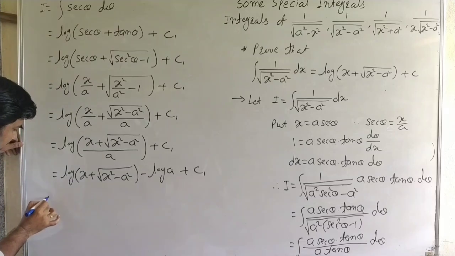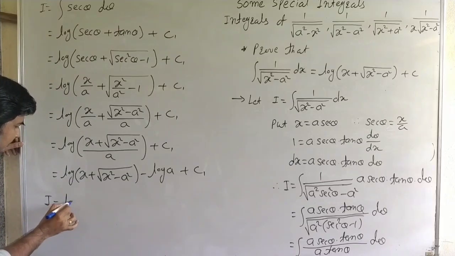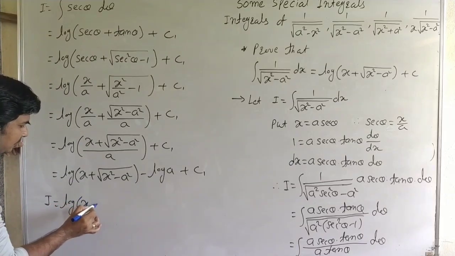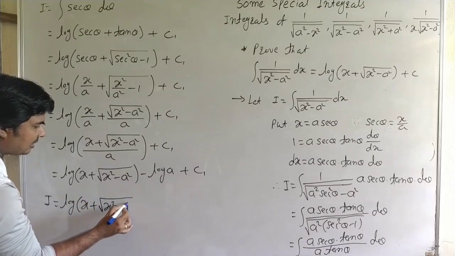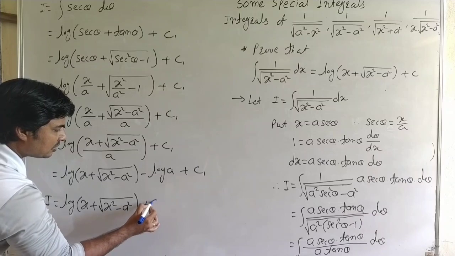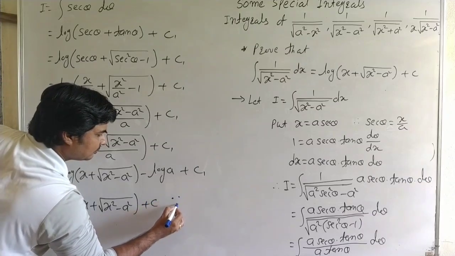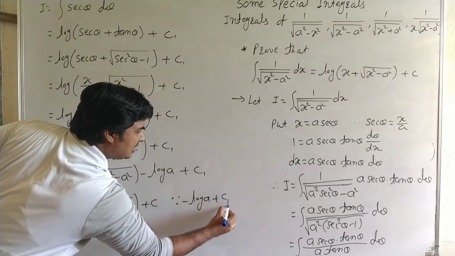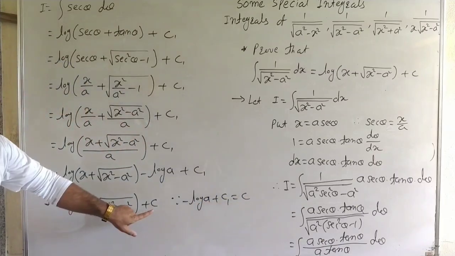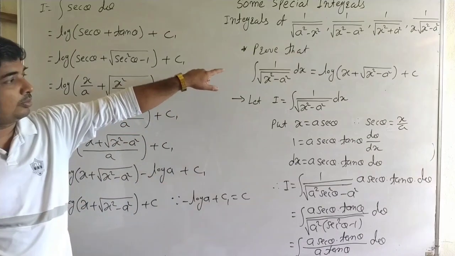Now we can write the integral is equal to log of x plus under root of x square minus a square, plus c, where minus log a plus c1 is equal to c, and this is the proof of this term.